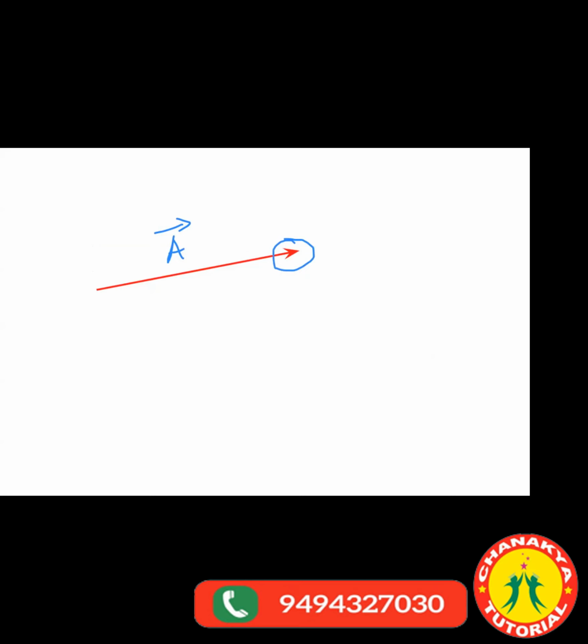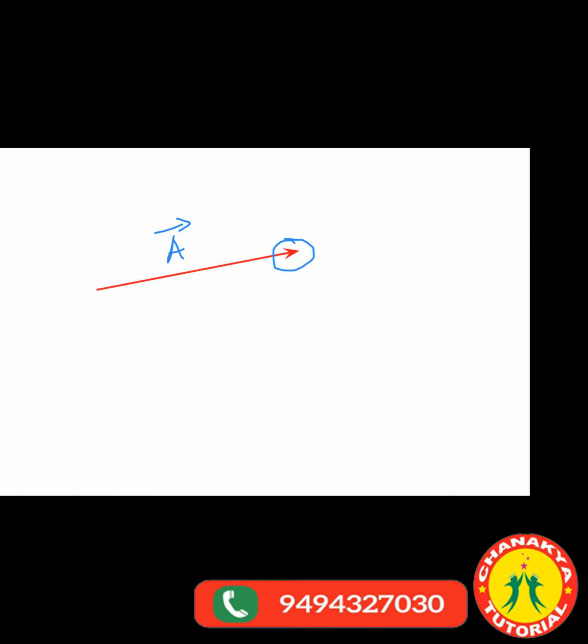Now the question is, how do we add? If I give you two numbers, you can easily add, subtract, multiply, divide, right? Same thing, there are a set of rules for vectors which we need to follow for addition, for subtraction, for multiplication, and for division.